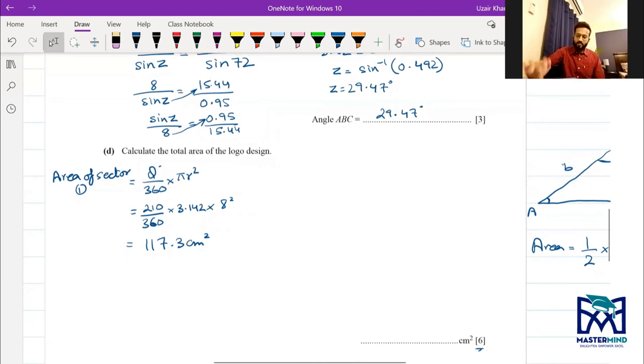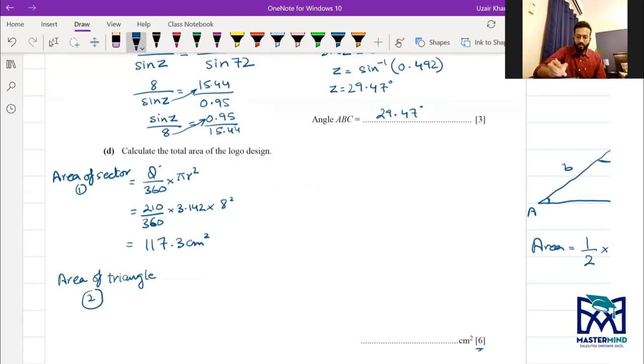So area of triangle 2, sorry, area of the triangle. I'm going to number it according to how we numbered it. So it's going to be 1 upon 2 times 8 times 8 again times sine of angle 150.